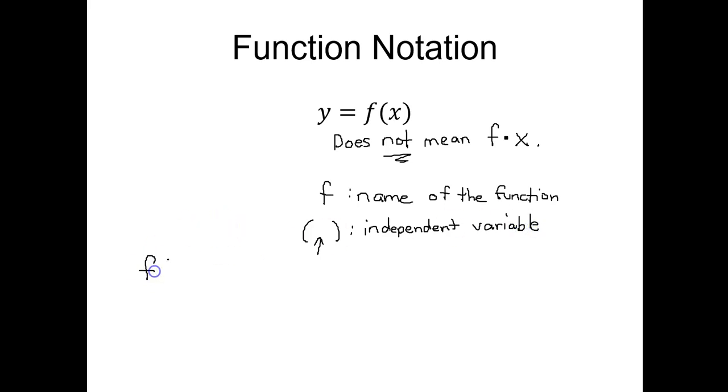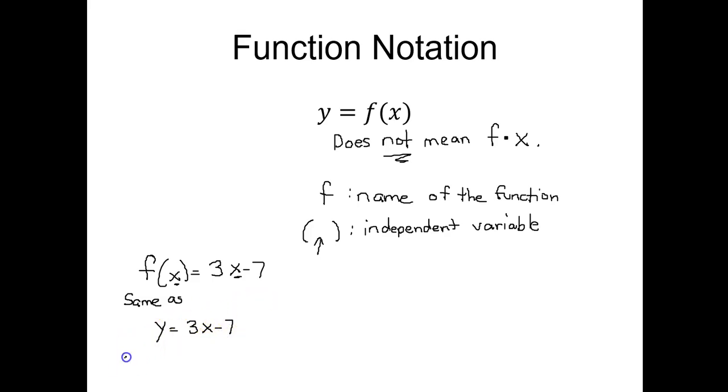So like you could have f of x equals 3x minus 7. So the f is the function f, and then the x is your independent variable. And that's the same thing as saying y equals 3x minus 7.